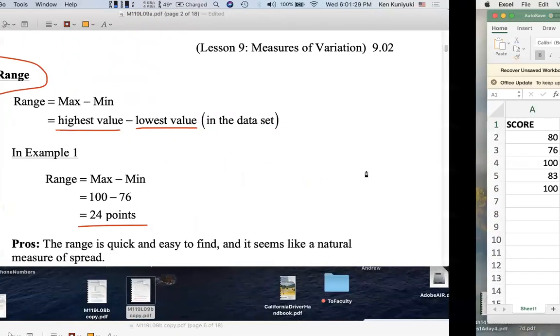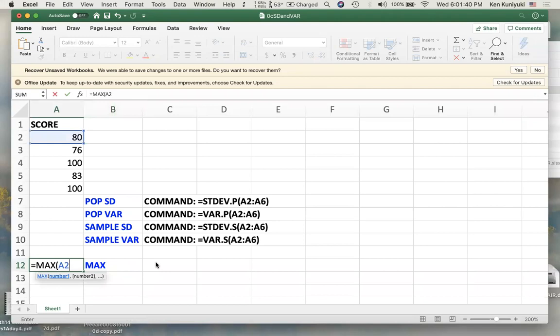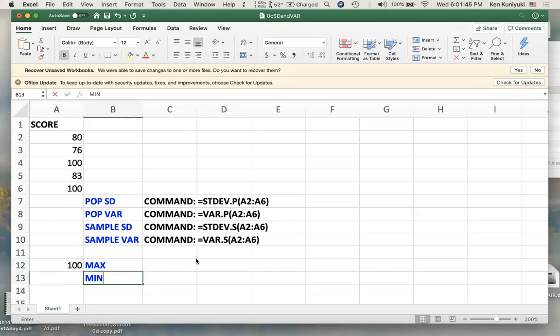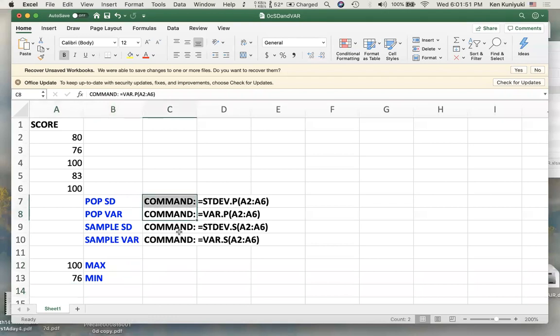And in fact, I can show you it on an Excel spreadsheet. Let's remember, how do you find the max score? Equals MAX, parentheses, A2 colon A6: 100 points. How do you find the min? Equals MIN, A2 colon A6. Those would be the commands.